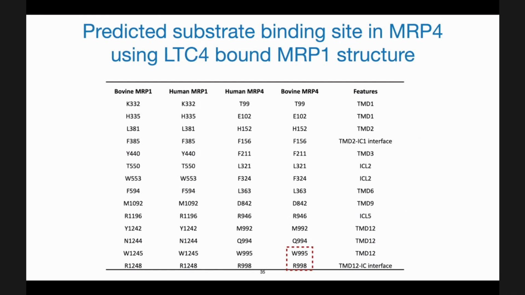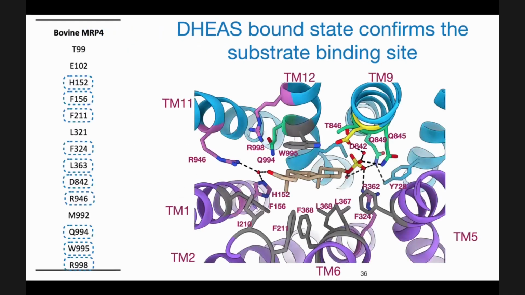So we did sequence analysis, and we took the corresponding residues from the bovine MRP4 structure, which were bound to the substrate, which were already known from the structure, and then we found that there were many residues which could be comparable, and there were few residues which were already known to be interacting with substrate in the literature. And we found that many of these residues were actually comparable to what we found in the structure.